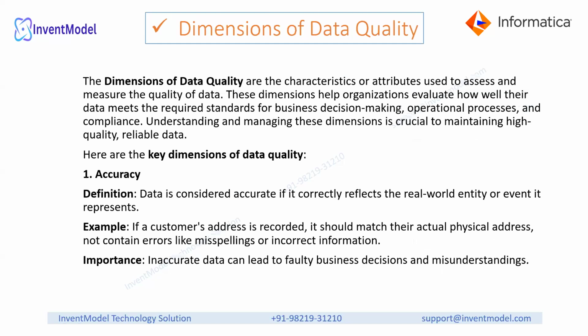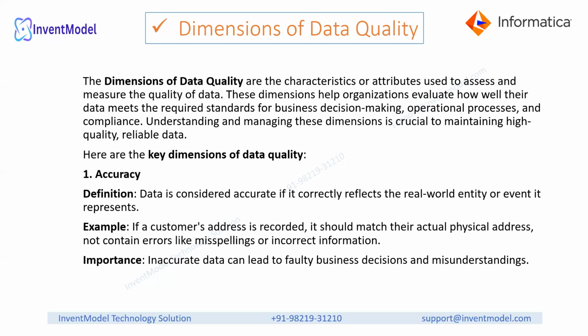Let's try to understand the dimensions of data quality. What is a dimension of data quality? The dimensions of data quality are the characteristics or attributes used to assess and measure the quality of data. So these are the parameters, attributes, or characteristics which measure the quality of data.